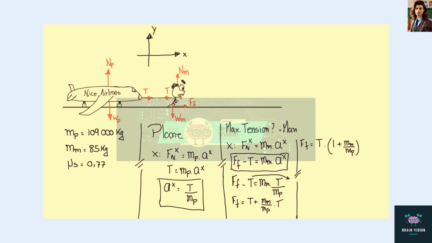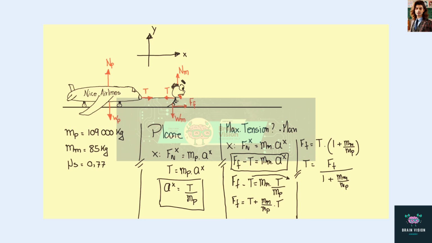Then we can solve for the tension force to get that the tension force is the frictional force divided by 1 plus the mass of the man divided by the mass of the airplane.